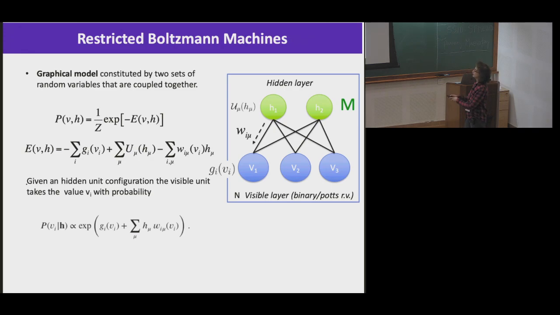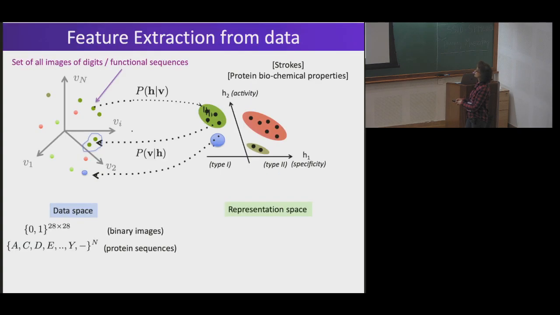In this case, the probability of the visible units given a hidden units configuration is just the exponential of these field terms, plus again the projection of this weight on the hidden units value times the hidden units. So this realizes exactly what I have described here.